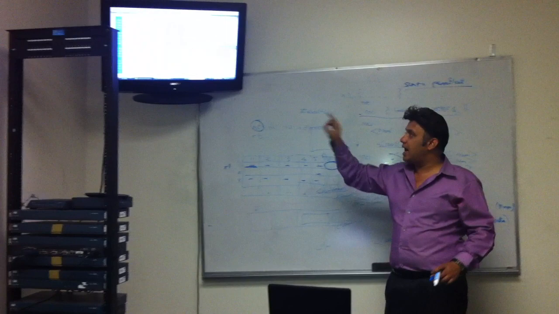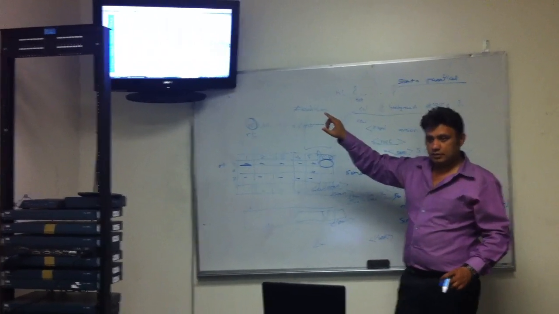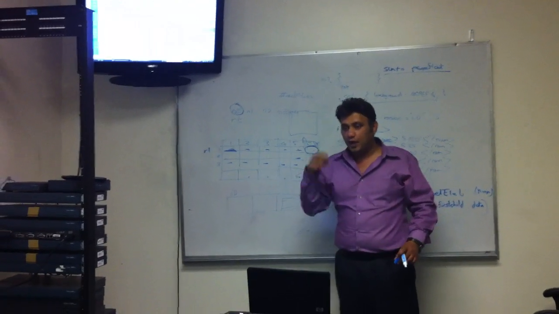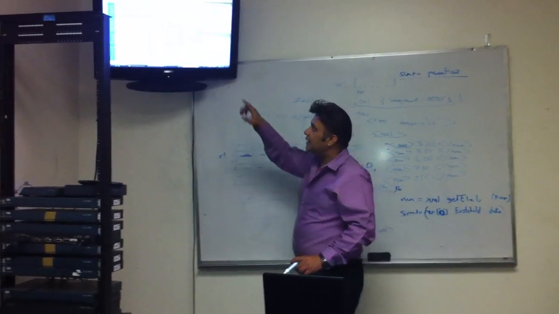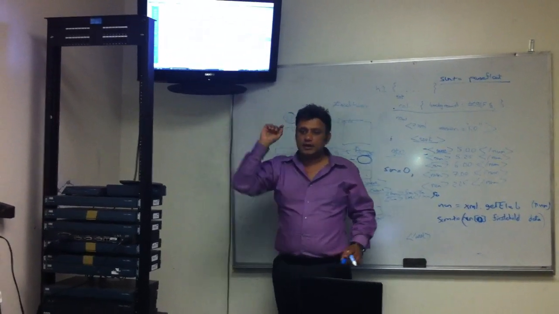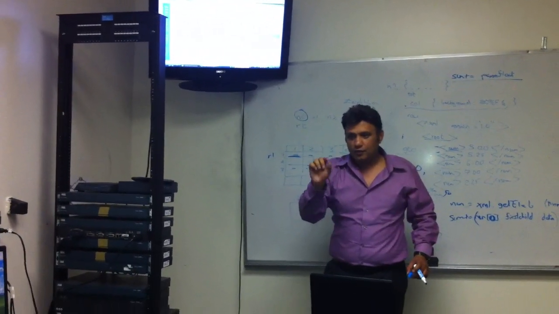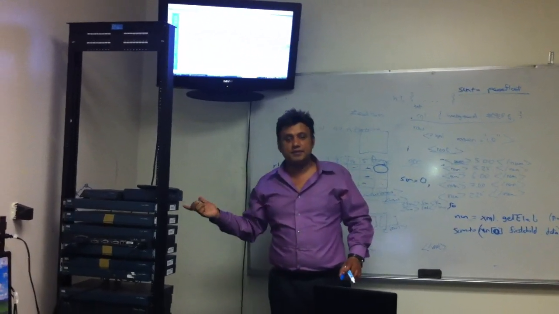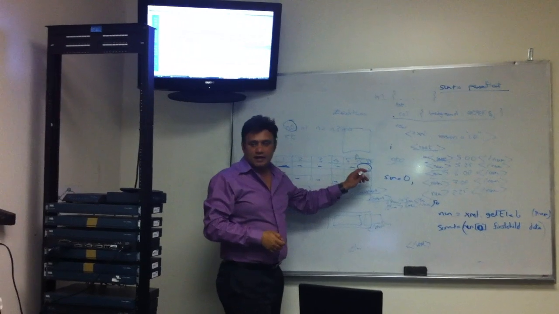So he says if i plus 1, so when i starts at 0 and goes to 4, at the 5th we want it to stop. So he says if (i + 1) mod 5 equals 0, because if i is 4, 4 plus 1 is 5. So 5 divided by 5 will have remainder 0, because this is the 5th.